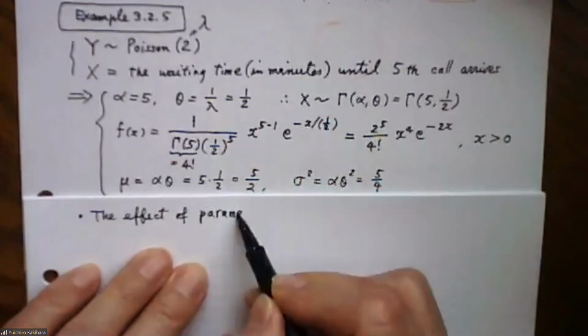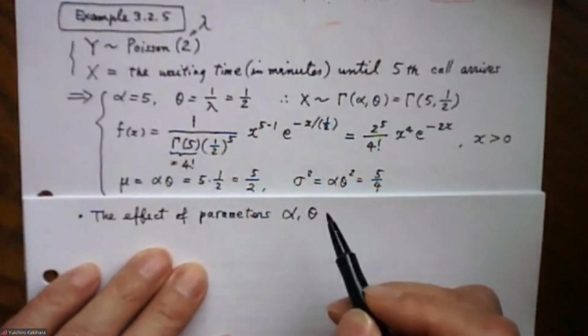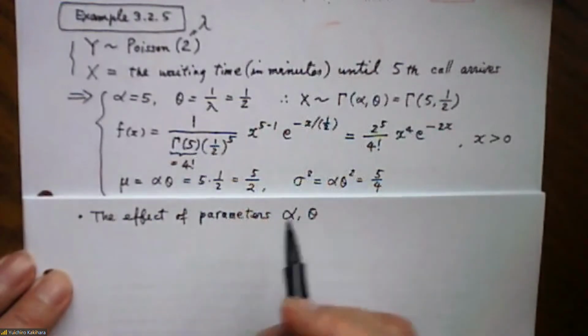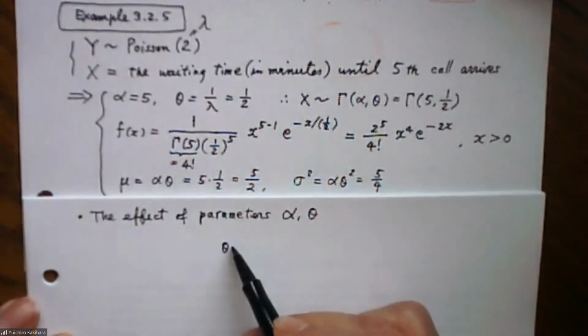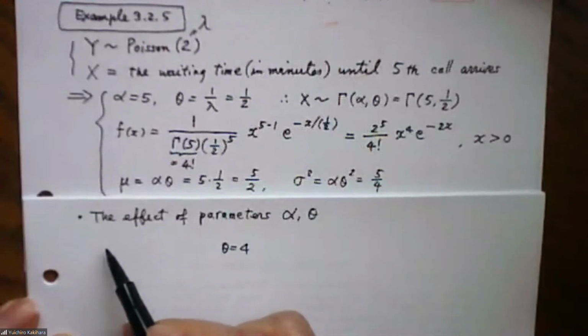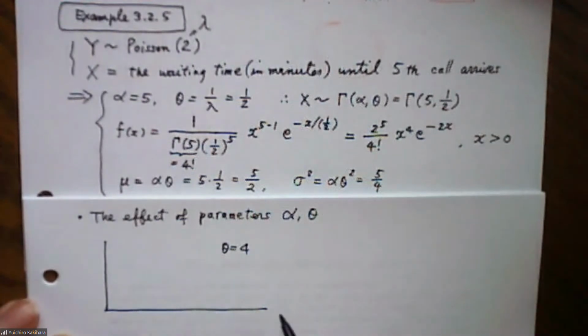There are two parameters, right? Alpha and theta on the graphs of density functions. So let's fix theta to be 4. Then alpha varies. Then what is the graph of the density functions? And so this is x, of course, and this is y. Then the origin is this.